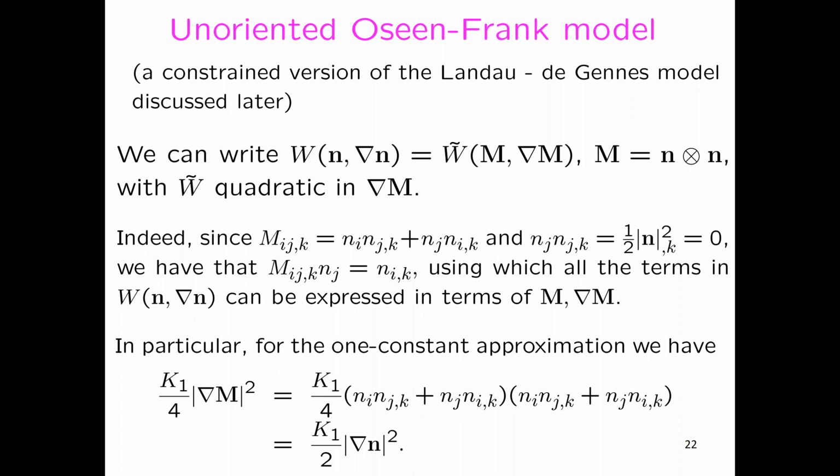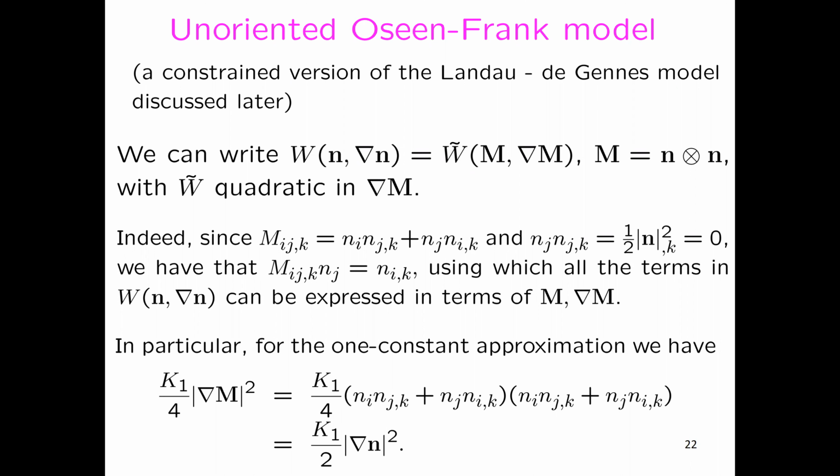You see that this times this gives you n_i n_i, which is 1 because n is a unit vector, times n_j,k n_j,k, so that's gradient of n squared. And you get another one from this times this, and then the cross terms go away because you get an n_j n_j,k, which is 0 because n is a unit vector.